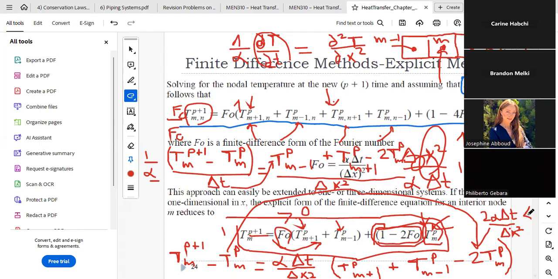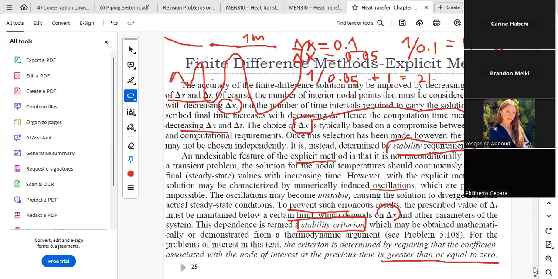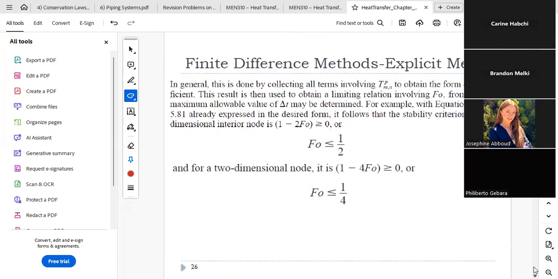And this will impose a limit for delta t. So delta t in this case should be smaller than delta x squared over 2 alpha. So once you decide the value of delta x, you can determine the limit for delta t. And this will correspond to a Fourier number smaller than 1 over 2.